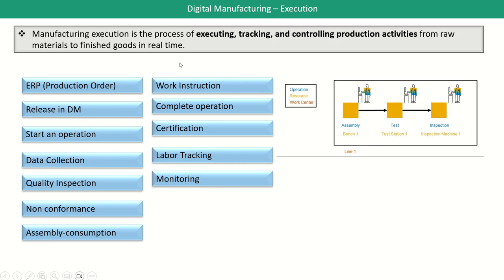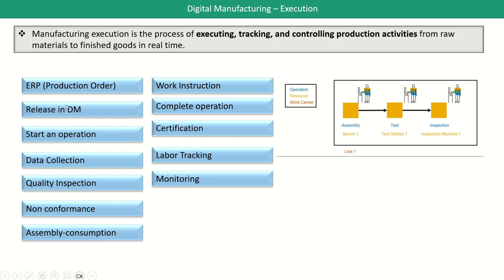Just for an example, suppose there is an ERP production order. In SAP Digital Manufacturing on Cloud, we can download it from the connected ERP system, or we can even create a production order in SAP Digital Manufacturing itself.